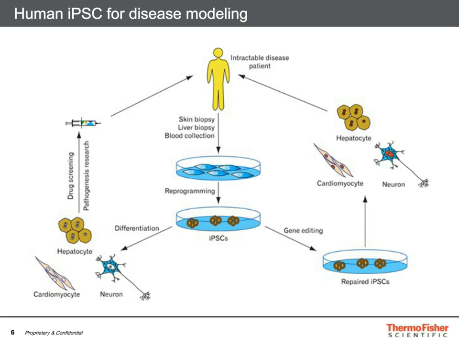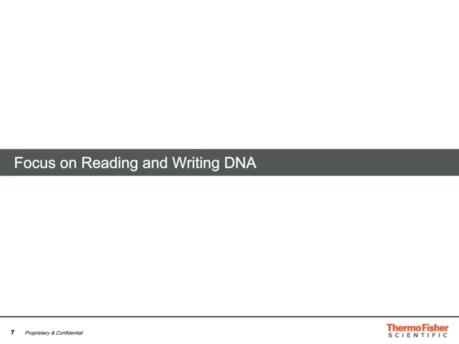And then we can take these iPSCs and edit those to either induce or repair mutations, and then differentiate those into particular types to do some screening, or eventually, as we get better at therapeutic applications, we might think of using them as therapies as well. The next focus, as I mentioned, was reading and writing DNA.